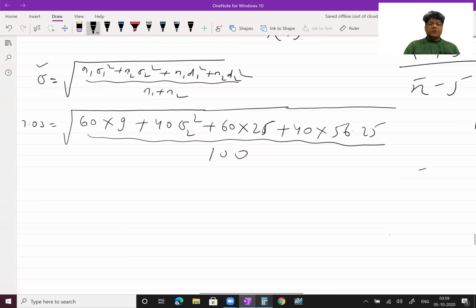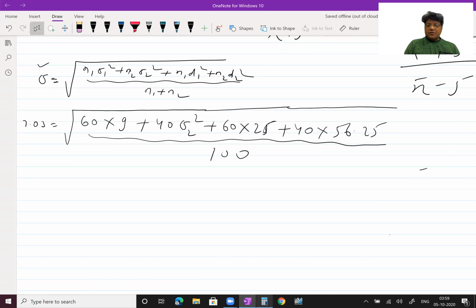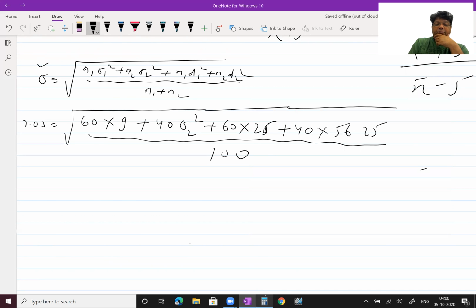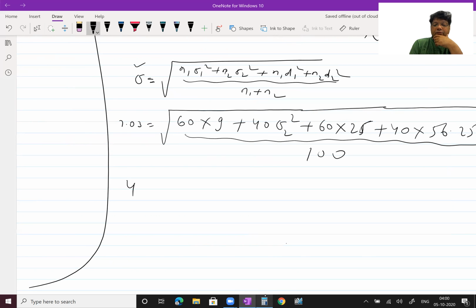Now squaring both the sides and solving. 7.03 whole square is 49.4209. I will take only 2 digits after the decimal, so 49.42, and into 100 it is 4942.